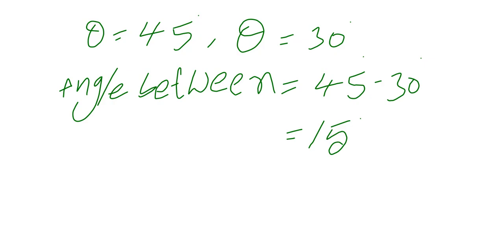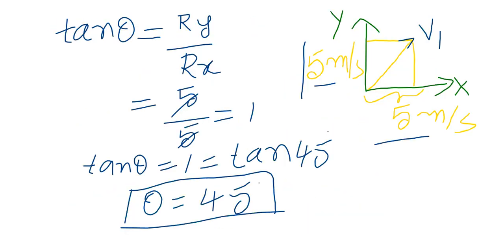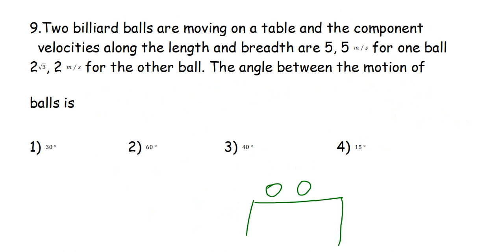Two billiard balls are moving on a table. The component velocities along length and breadth are given here for two balls. The angle between the motion of the balls, when the balls move with some velocity, is 15 degrees.